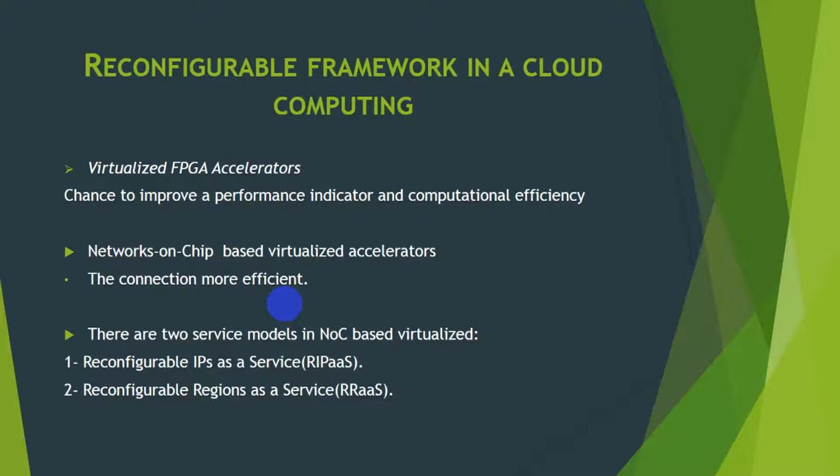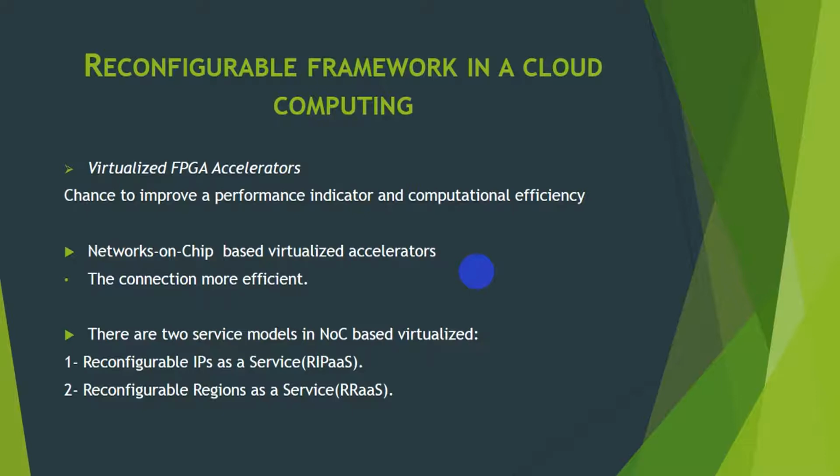There are two types of network on a chip: reconfigurable IP as a service and reconfigurable region as a service. Reconfigurable IP as a service means the user makes a request to the cloud provider for an accelerator.